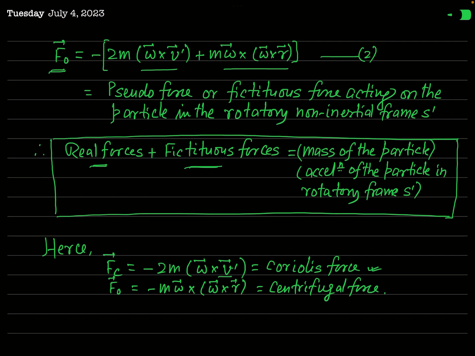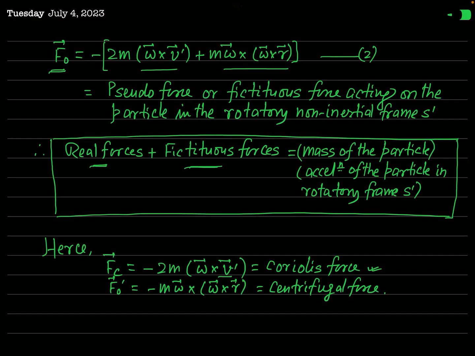And so this pseudo force or fictitious force, which is equal to minus 2m times omega cross V prime, is called the Coriolis force. And the Coriolis force is not a real force, it is a fictitious force.